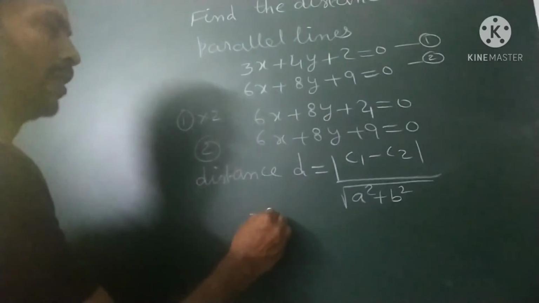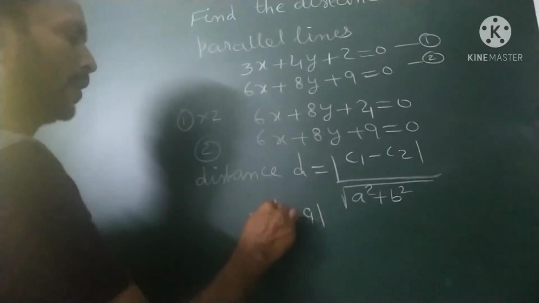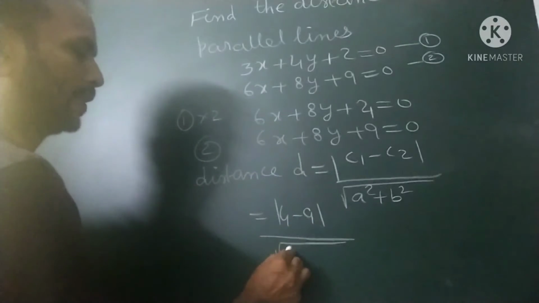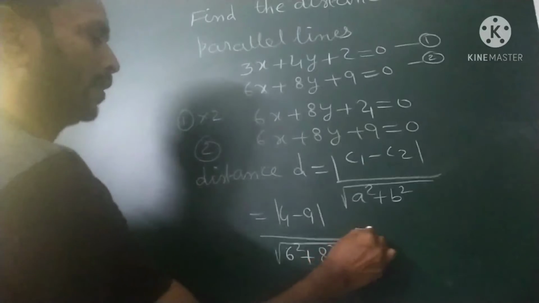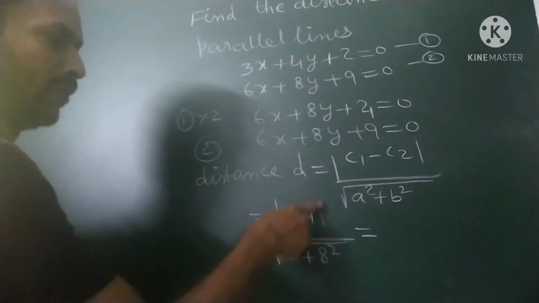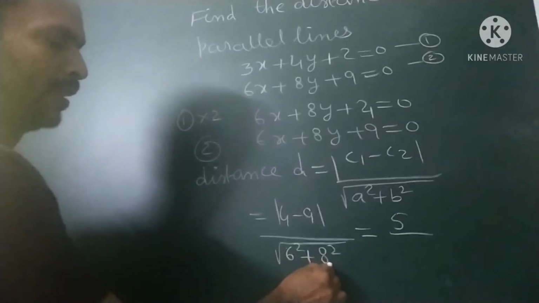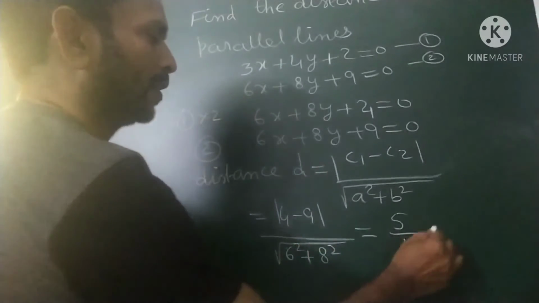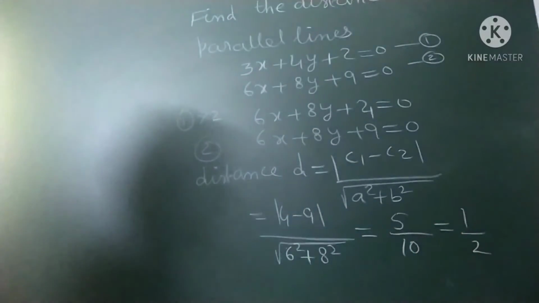Here the constants are 4 and 9. So 4 minus 9 by root of 6 square plus 8 square, 4 minus 9 is minus 5, take modulus, 5, and 36 plus 64 is 100, root 100 means 10, that is equal to 1 by 2. So this is the way to find the distance between parallel lines.